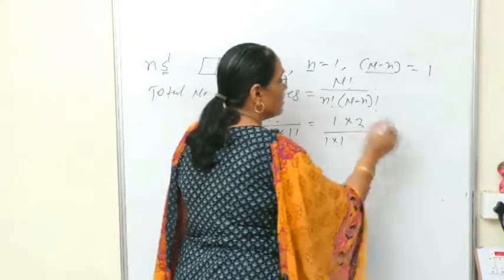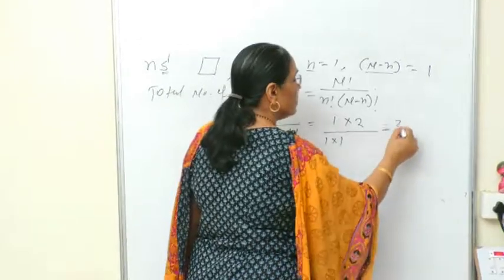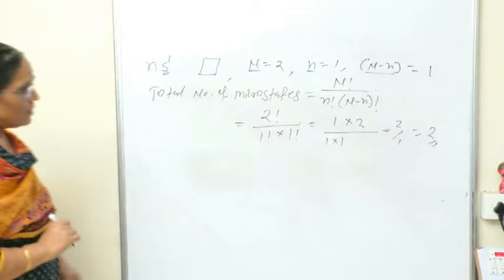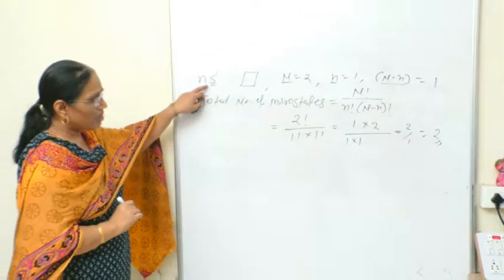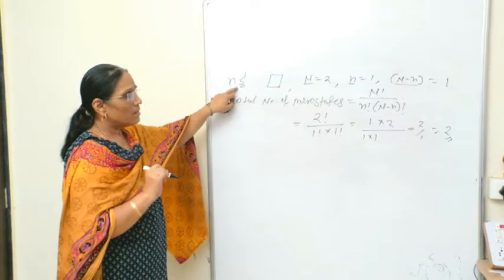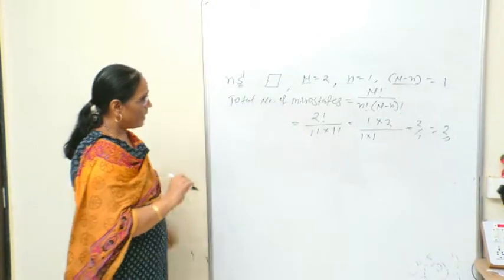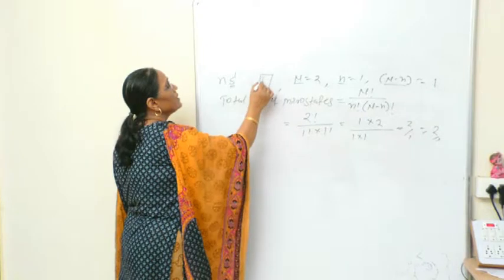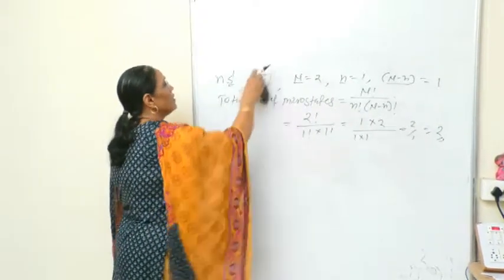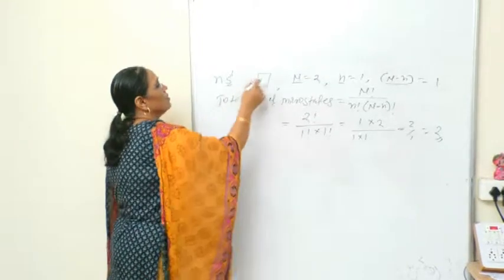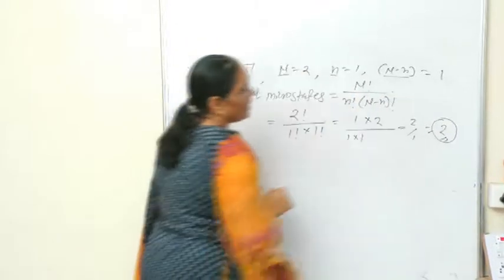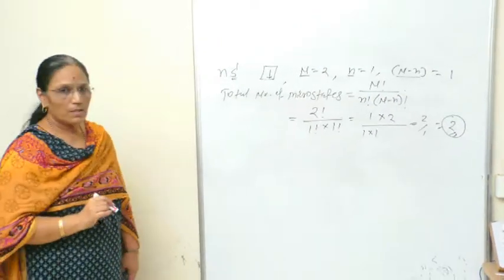So the answer comes as 2 by 1, that is 2. It means for a single electron in the s orbital, 2 arrangements are possible: one with upspin and the other with downspin.